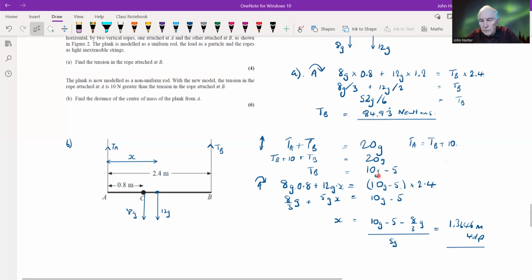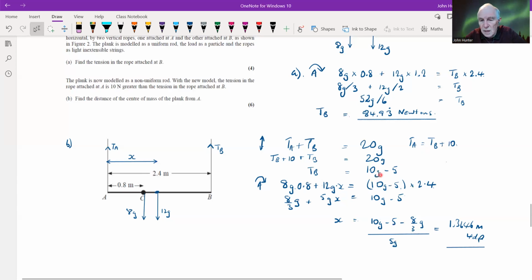Note I've not actually substituted 9.8 in there. In this case it wouldn't make a great deal of difference, but as a general principle, keep that constant until later on in the working, because you may well find there's cancellation or factorization that might make it simpler.